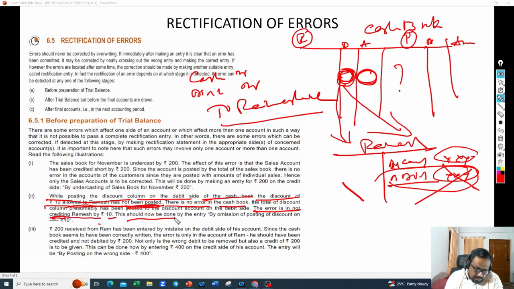This should now be done by the entry by omission of posting discount 10 rupees. Simply you need to say by omission of discount 10 rupees. Simple. This is what you did, right?